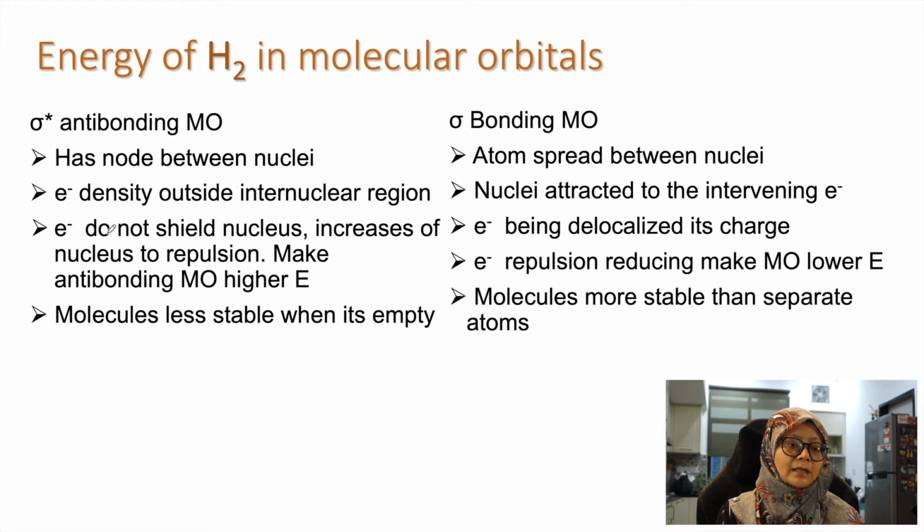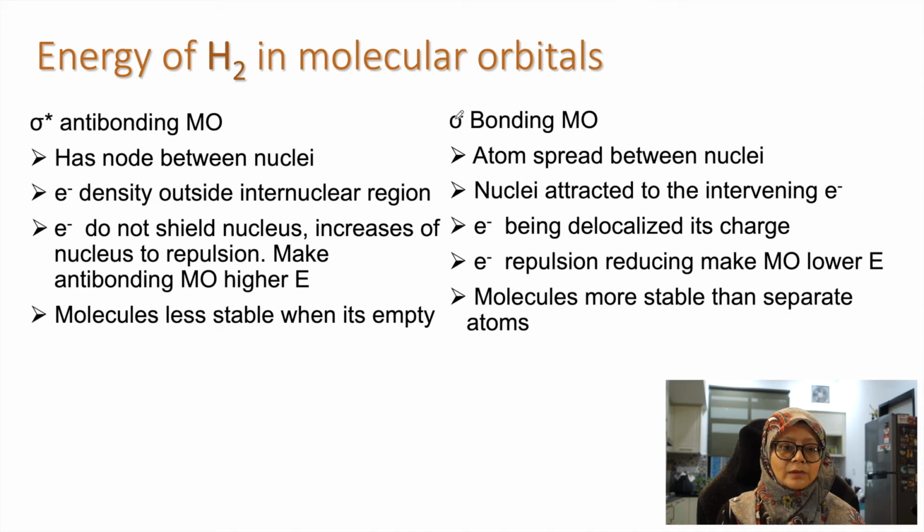The electrons do not shield the nucleus, so it increases the nucleus-to-nucleus repulsion. When the repulsion increases, the anti-bonding MO will have higher energy. And for the sigma star or pi star anti-bonding, the molecule is less stable when it is occupied.